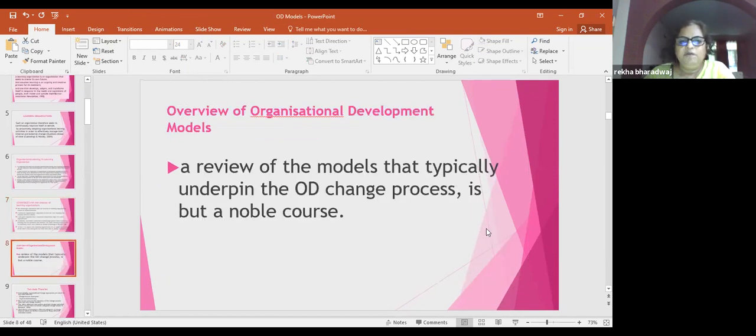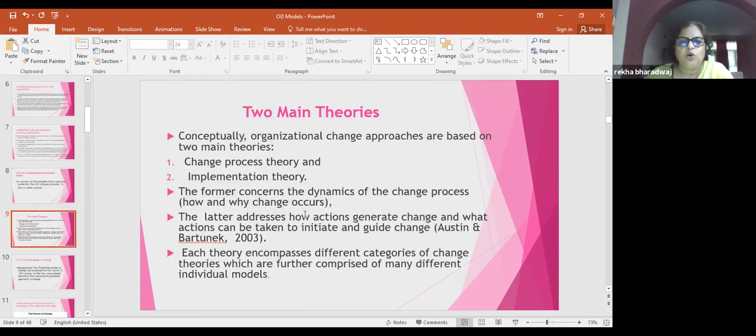Now, a review of the models that typically underpin the OD processes is a noble cause because it helps in growth, in profitability, in improving systems, and so on and so forth.